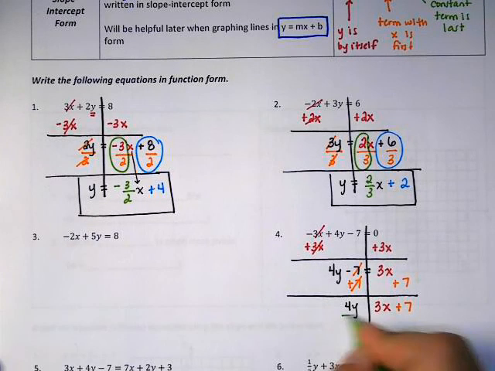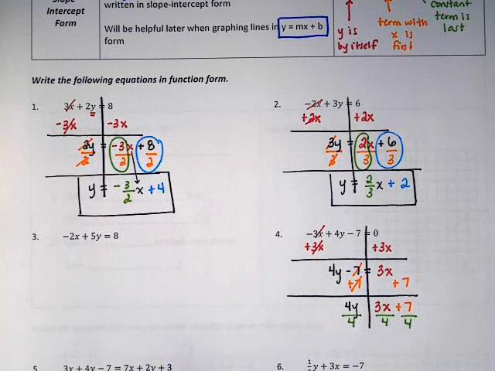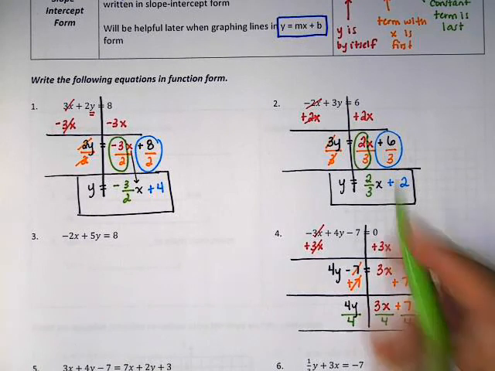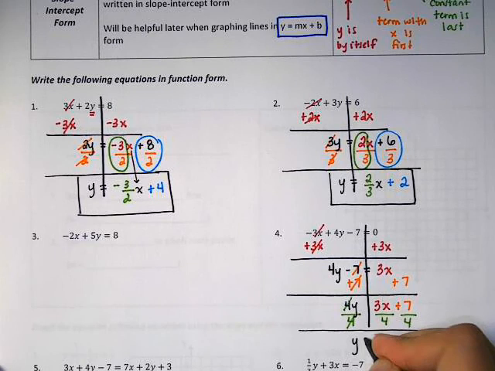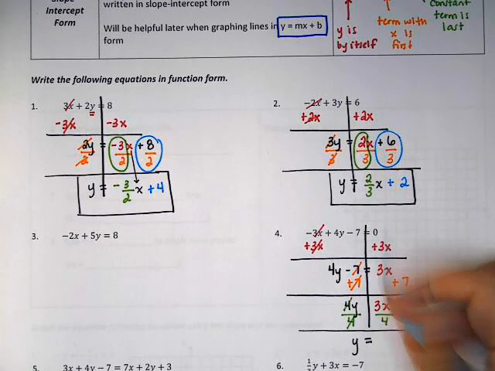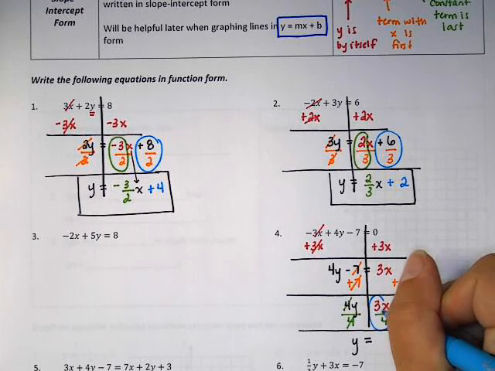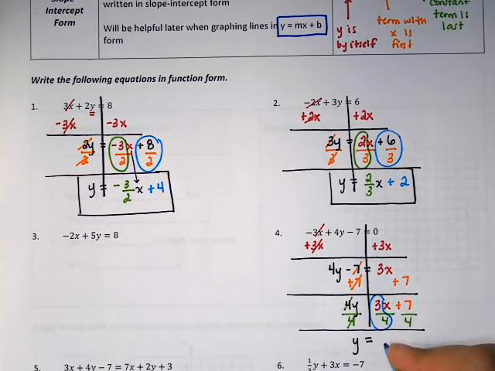Finally, I'm going to divide everything by 4. So on the left-hand side, the 4's are going to cancel, which means all I have left is a y. On the right-hand side, I'm going to ask myself, does 3 divided by 4 simplify nicely? And the answer is no. 3 over 4 is a decimal.